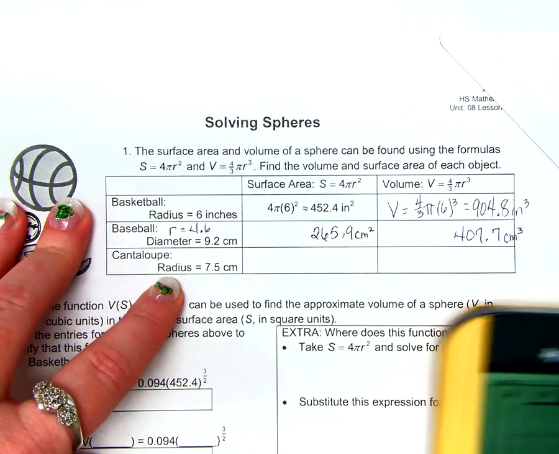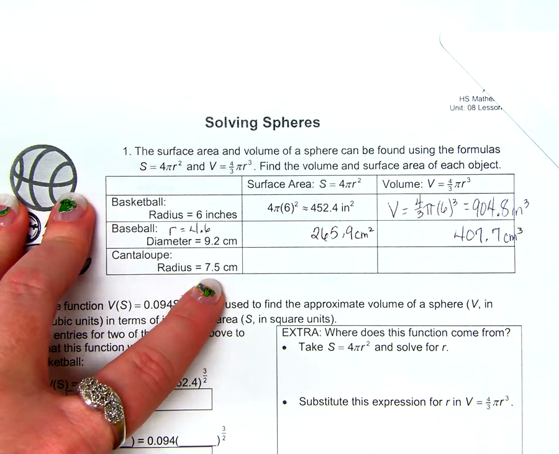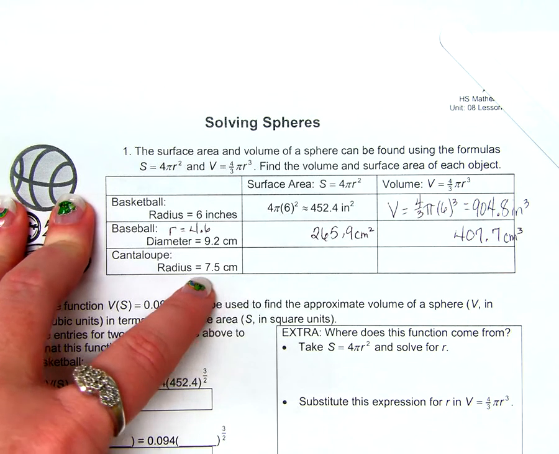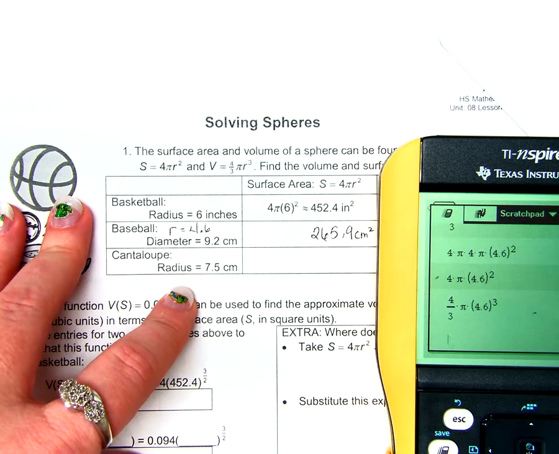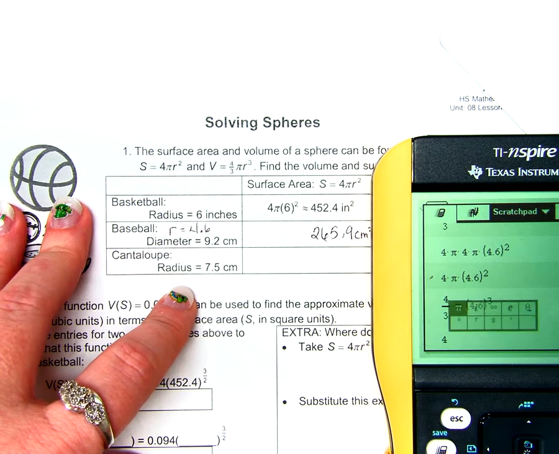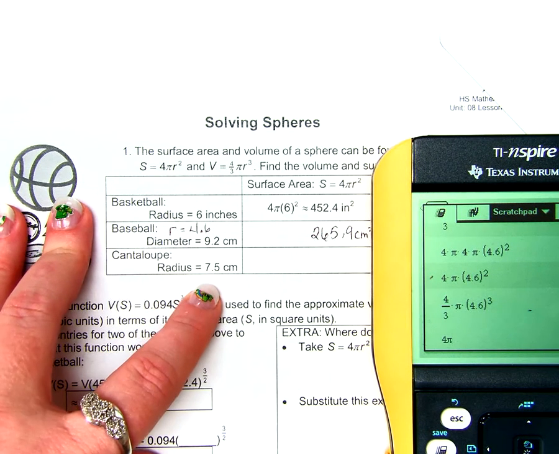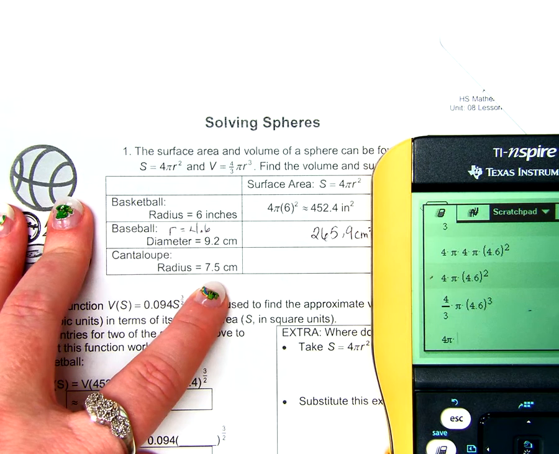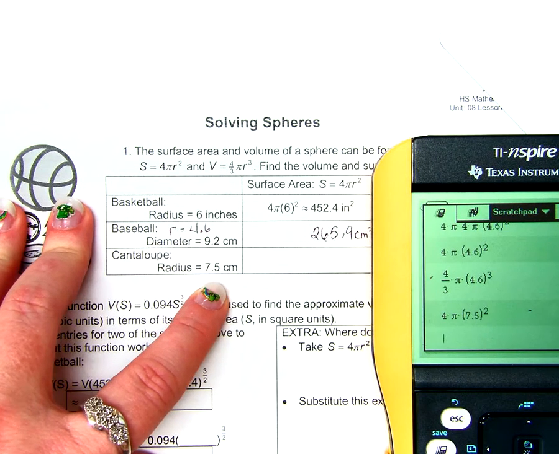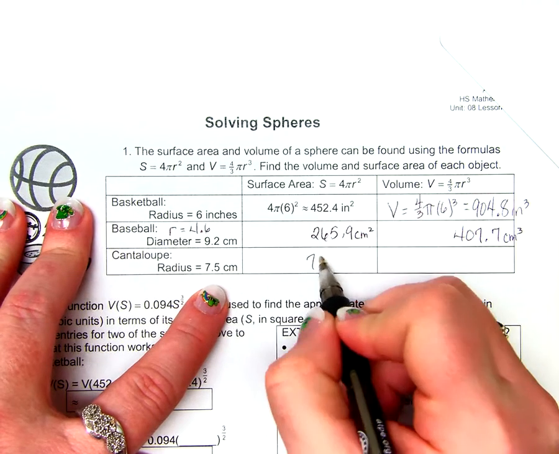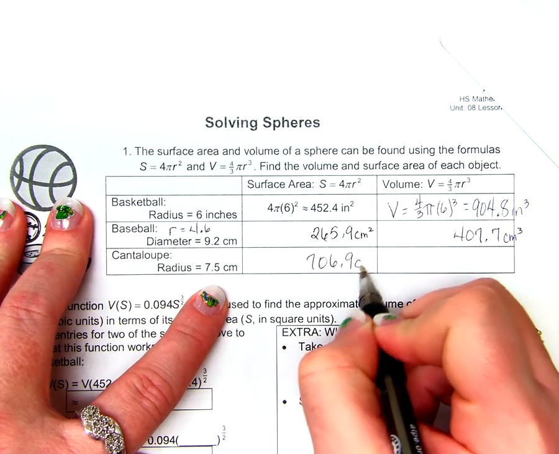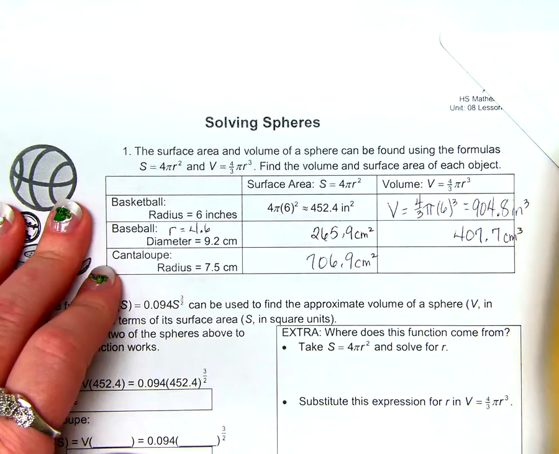Okay, radius of a cantaloupe. A normal size cantaloupe probably has a radius of 7.5 centimeters or so. So we have 4 pi times 7.5 squared. 706.9 centimeters squared.